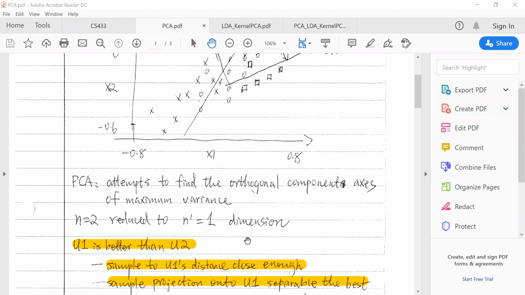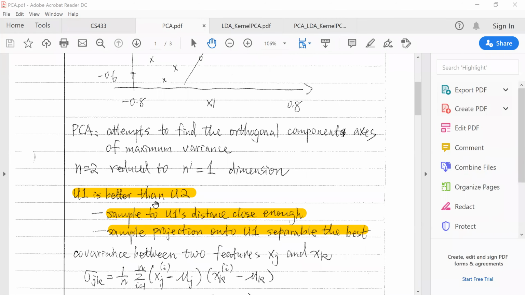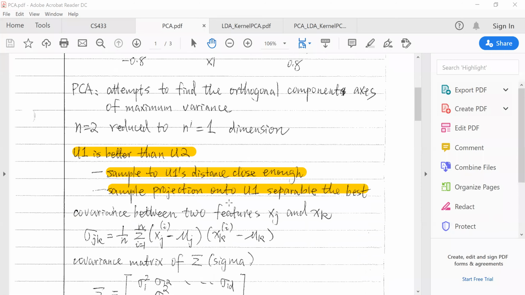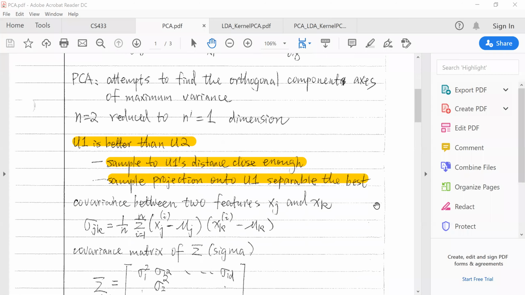You can also achieve the goal to separate the classes. And here it also explains why U1 is better than U2. Because the sample to U1's distance is close enough. That's one advantage. Second, when you do the projection, we see U1 separates the data much better.